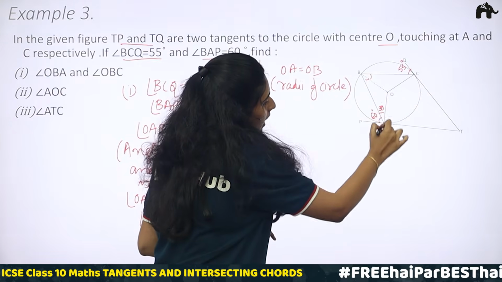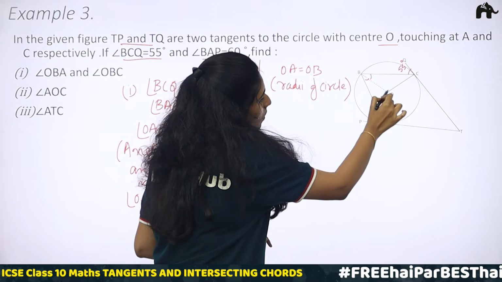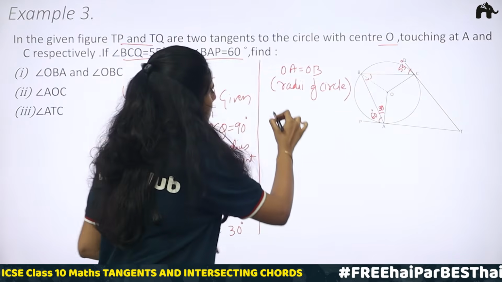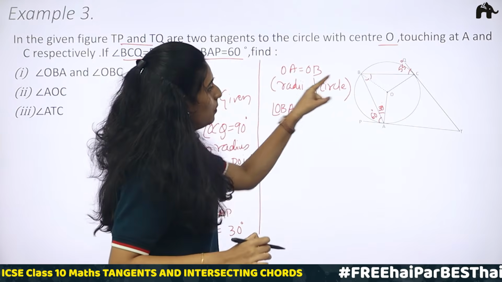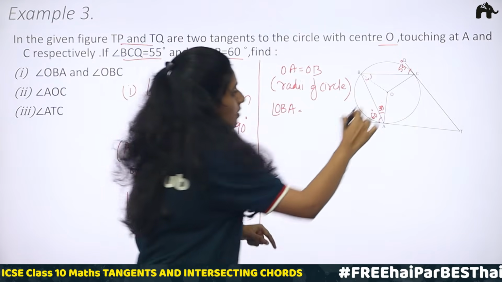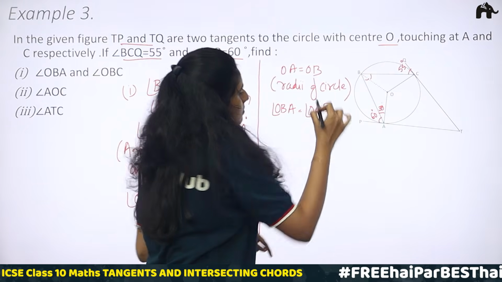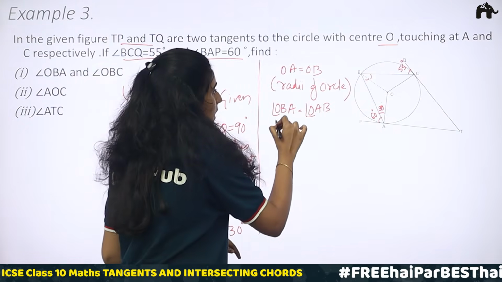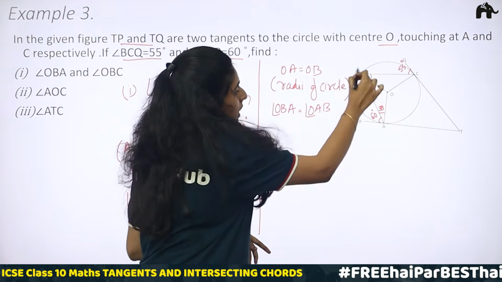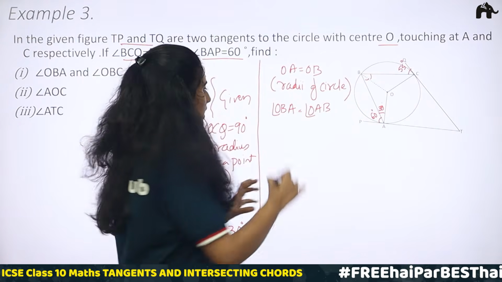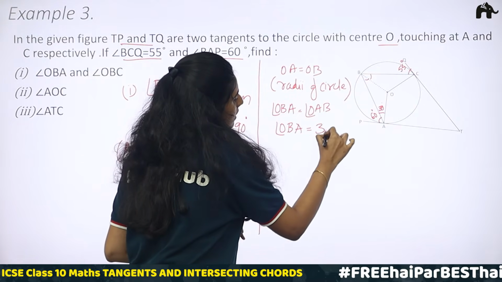Therefore, opposite to OA we have angle OBA, and opposite to OB we have angle OAB. OAB we have determined is 30 degrees, so OBA will also be equal to 30 degrees. Angle OBA is equal to 30 degrees.